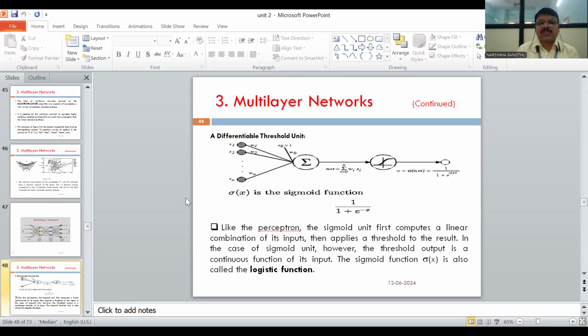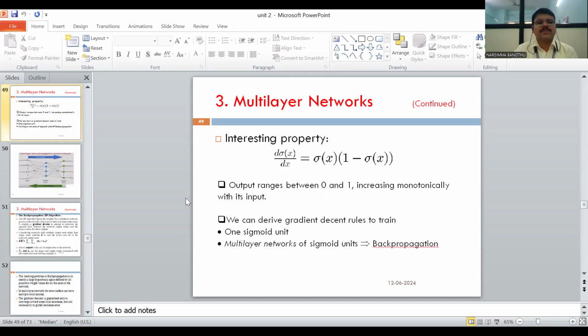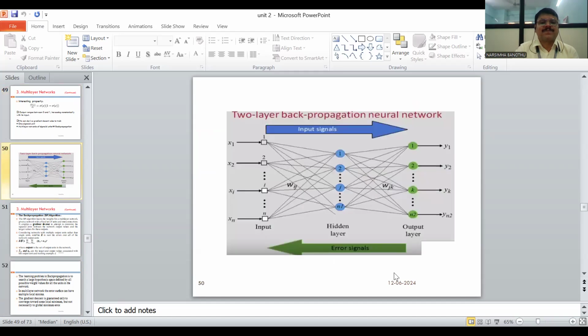The sigmoid function, sigma of x, is also called the logistic function. One more interesting property: its output ranges between 0 and 1, increasing monotonically with its input. You can derive the gradient descent rule for it. So one sigmoid unit here, and multi-layer networks of sigmoid units lead to backpropagation.